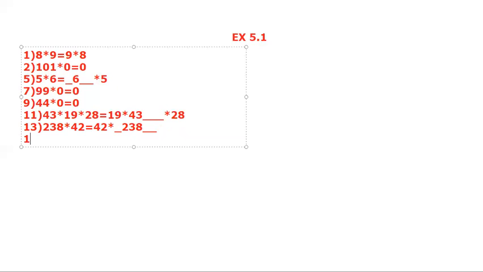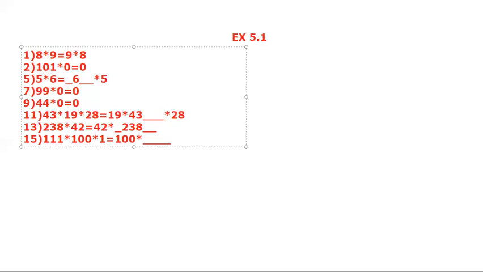Number 15. Well, 111 multiplied by 100 multiplied by 1 is equal to 100 multiplied by dash.